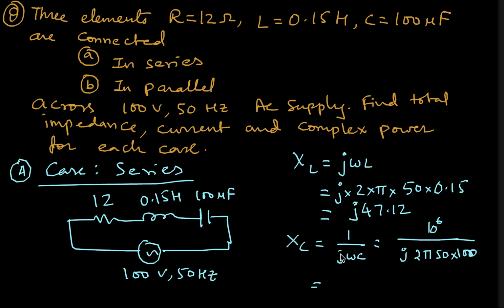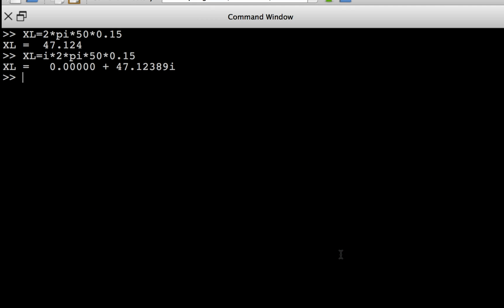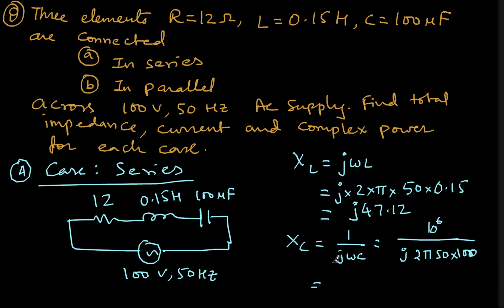So XC is 1 by j omega C. So let's calculate that. So XC equal to 1 divided by j into 2 into pi into 50 into C. So that is 100 E minus 6, 100 microfarads. So I get minus 31.83 j. So let me go back to this, minus j 31.83 ohms.